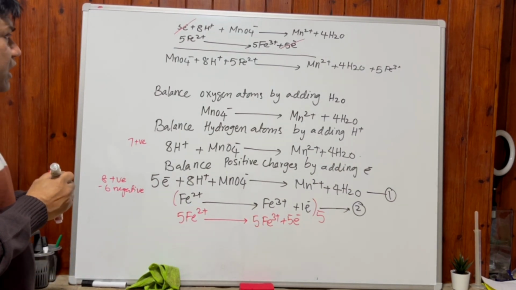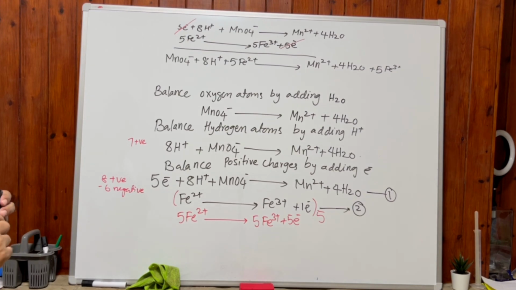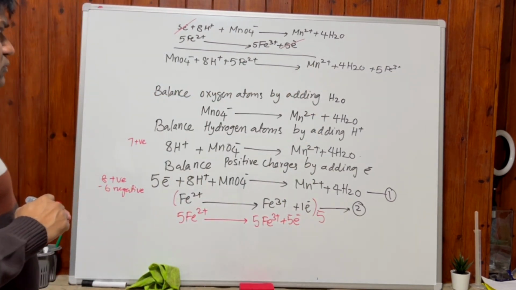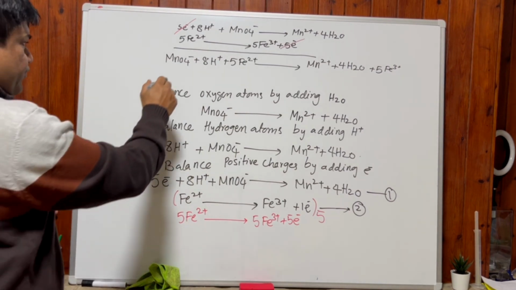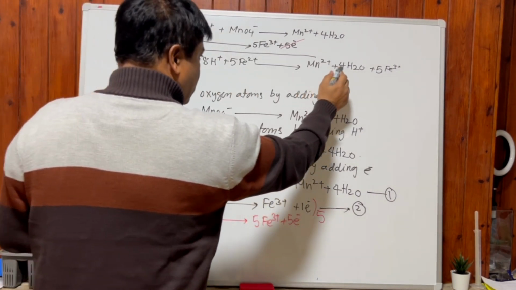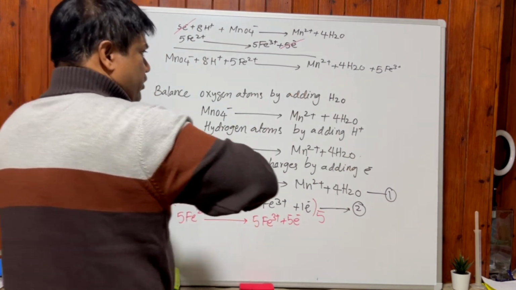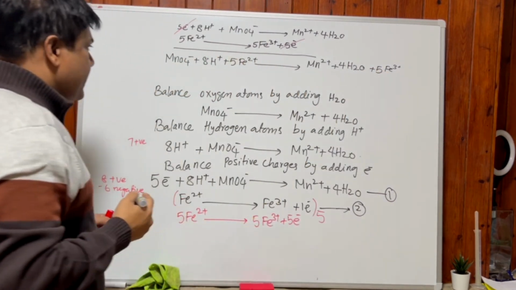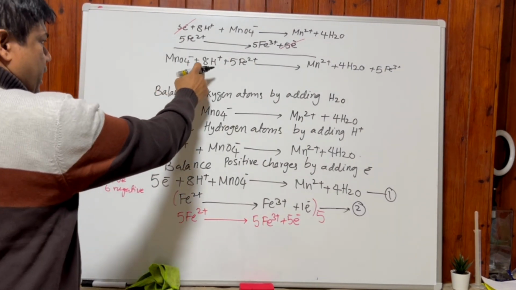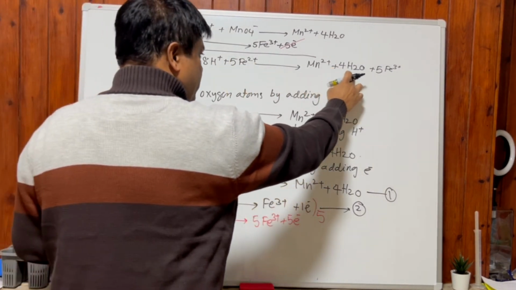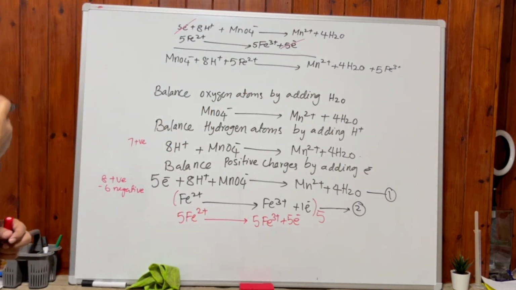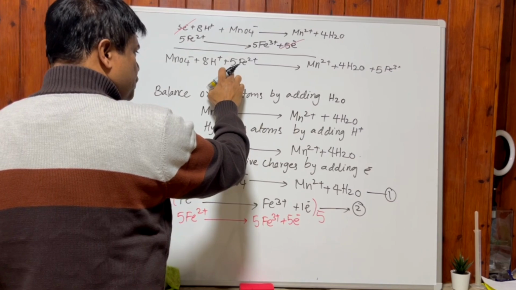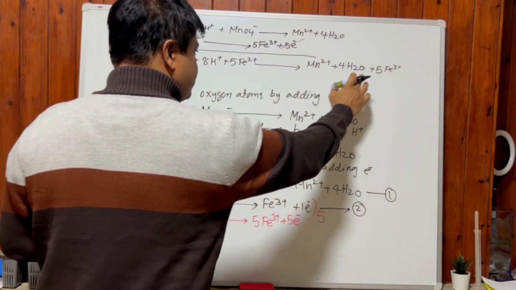Now we have to check whether everything is balanced or not. How many Mn? 1 Mn, 1 Mn. How many oxygen atoms? 4 oxygen, 4 oxygen. How many hydrogen? 8 hydrogen, 4 times 2, 8 hydrogen. How many Fe? 5 Fe atoms, 5 Fe atoms.